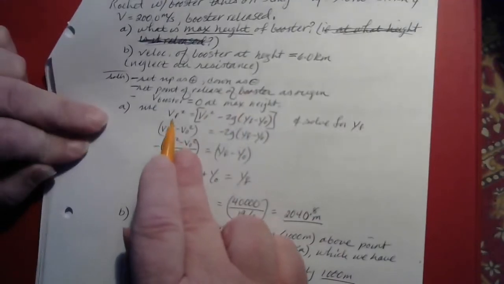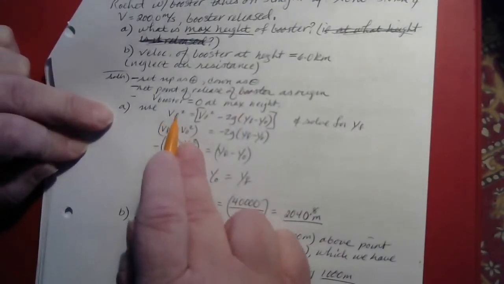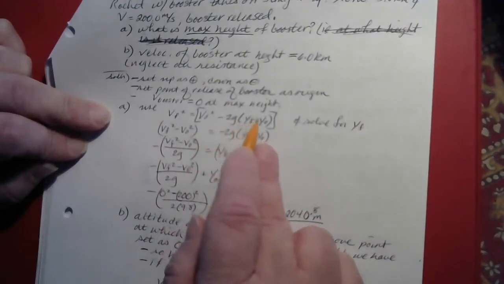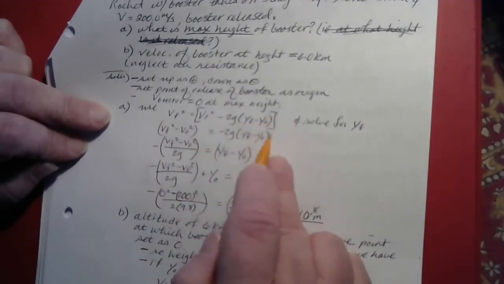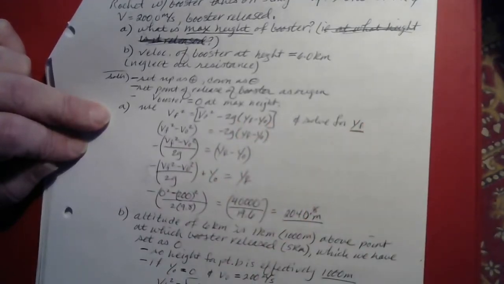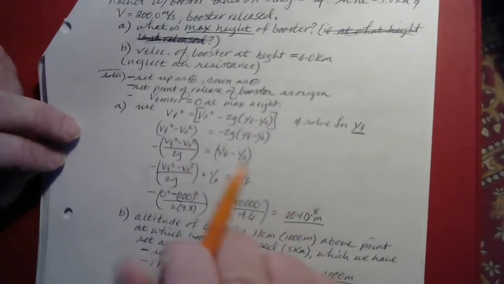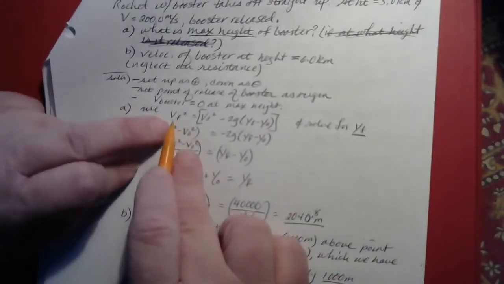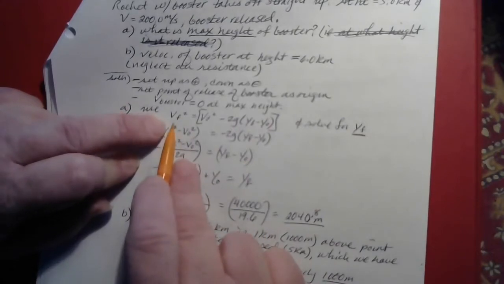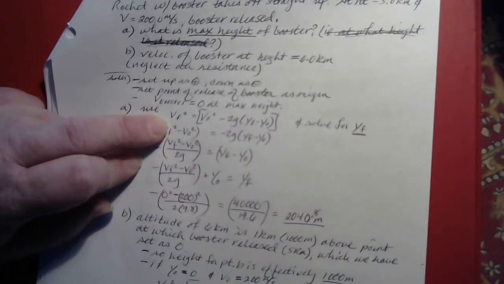It would be best to use the equation final velocity squared equals original velocity squared minus 2g times the displacement in the y direction and solve for y final. Because we know that the final velocity is going to be 0. That is, the velocity at the maximum height is 0.